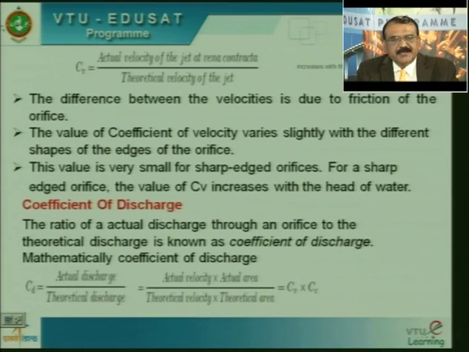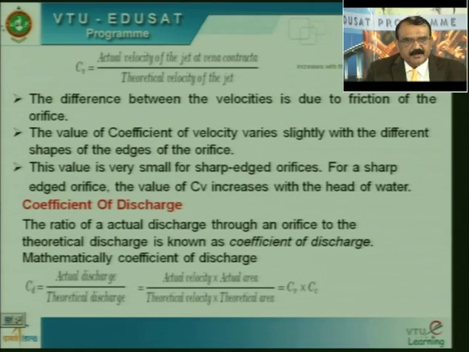Now, this relation is very important, because finding the exact location where the Vena Contracta is formed is very difficult. Whereas, finding the value of CD and the value of CV in the laboratory is very easy. I am going to discuss this in the next class.